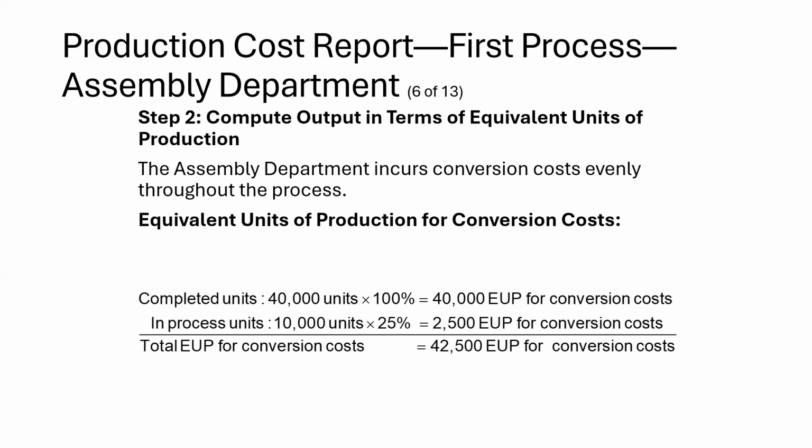Another 10,000 puzzle boards are only 25% complete. Conversion costs are 100% complete for the 40,000 puzzle boards completed and transferred out to the cutting department, but only 25% of the conversion work has been done on the 10,000 puzzle boards in ending work in process inventory.